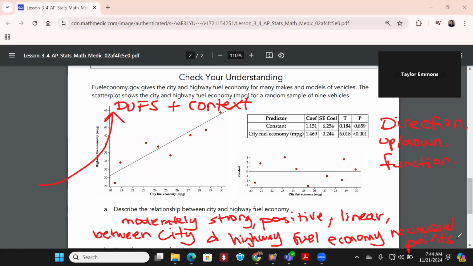Okay, so now we've got to write the equation for it. This is your A, this is your B. These are your coefficients. They already did the work for you. So for part B, it's going to be the highway fuel economy.